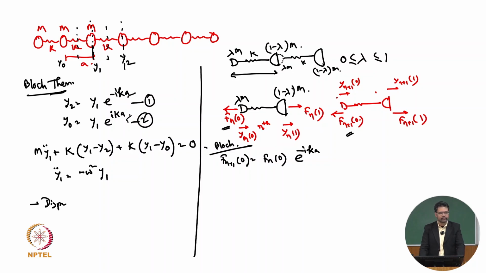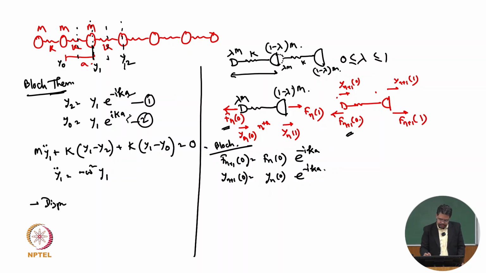Agreed? And yn+1,0 will be equal to yn0 times e to the power of minus i kappa l. Agreed? All of you agree with me? Good.